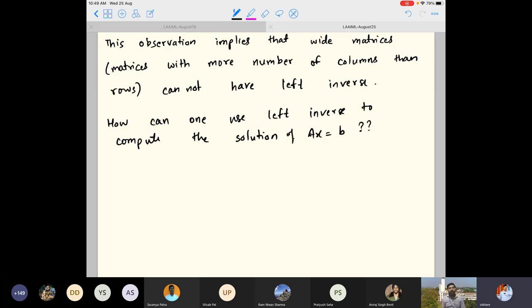The first condition, obviously, if you want to use a left inverse to compute the solution, is that the columns of A better be linearly independent, right? So suppose we have linearly independent columns of A, then what will you do? Let us assume that A is left invertible. C is the left inverse of A.